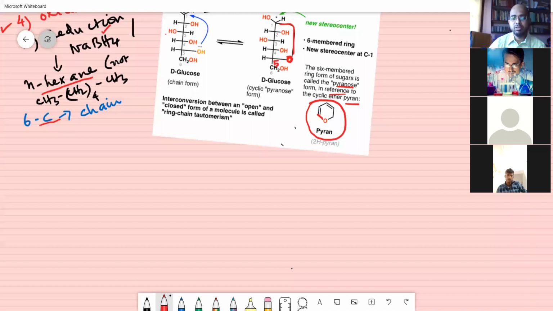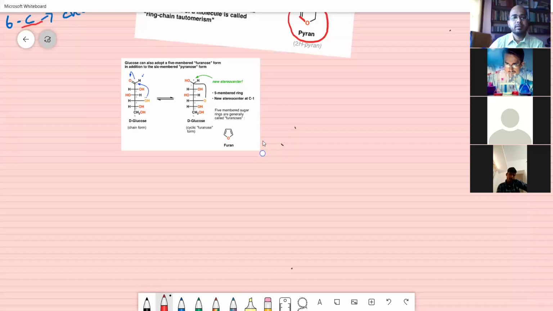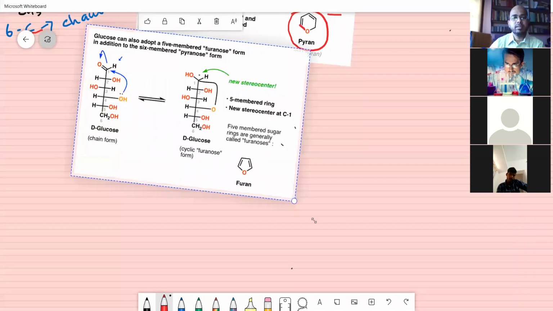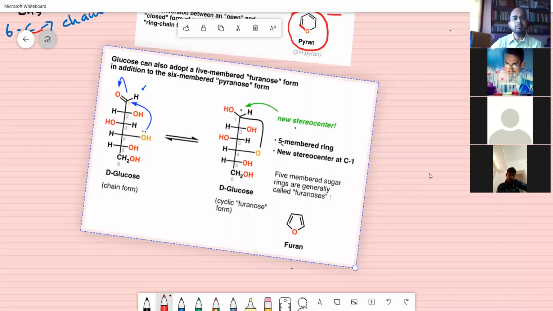You have seen that pyranose exists in about 99% of the form. Here is another structure in which you are going to see the Furanose form. Furan is a 5-membered ring, and pyran is a 6-membered ring.